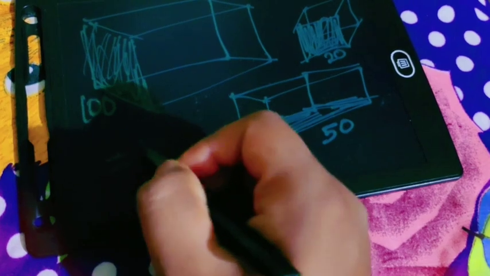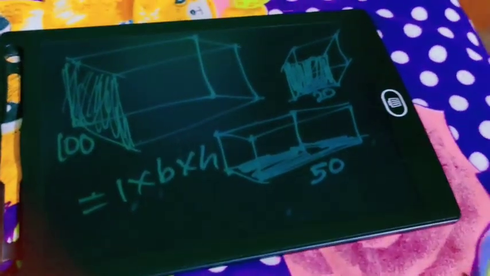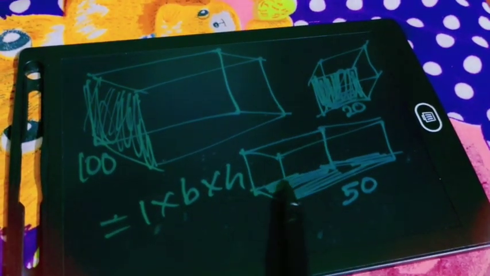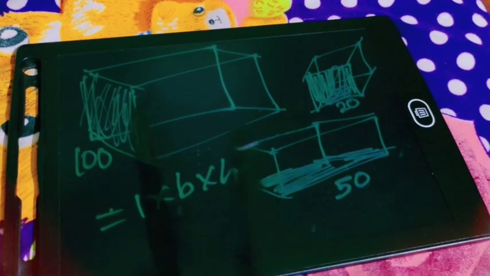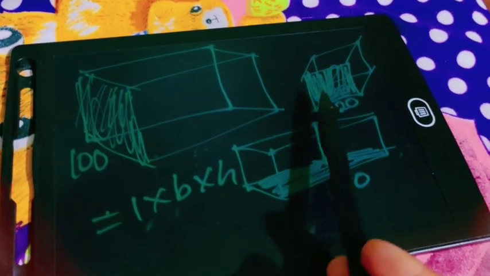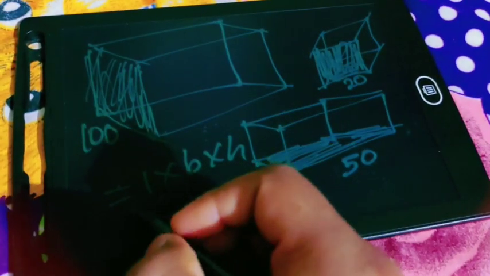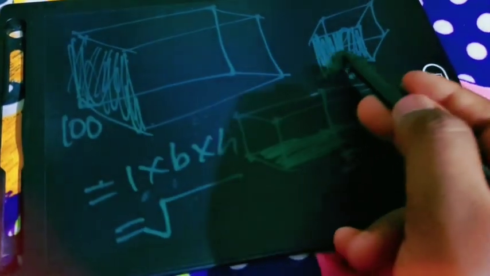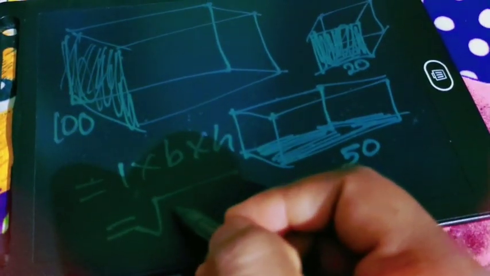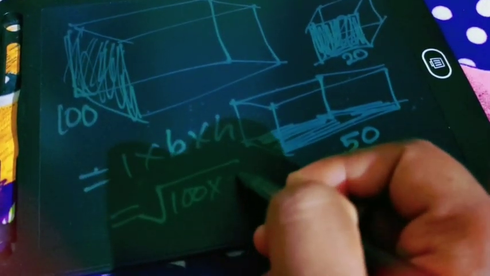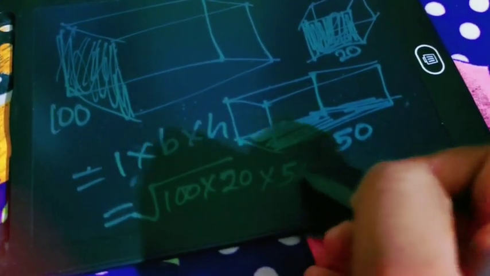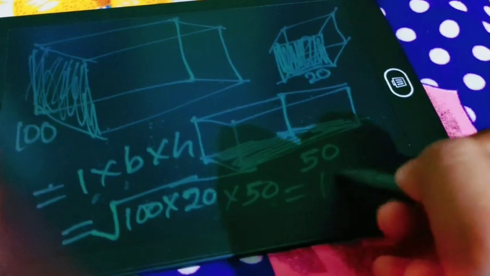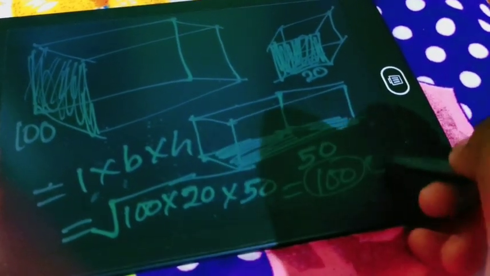Volume equals L into B into H. But if we have the area of three adjacent sides that are attached to each other of a cuboid, then we can also calculate the volume by using this method: root over of the product of three adjacent sides. For example, 100 into 20 into 50. That is, anything can be given in the exam. Then the answer will be 100 centimeters cube.